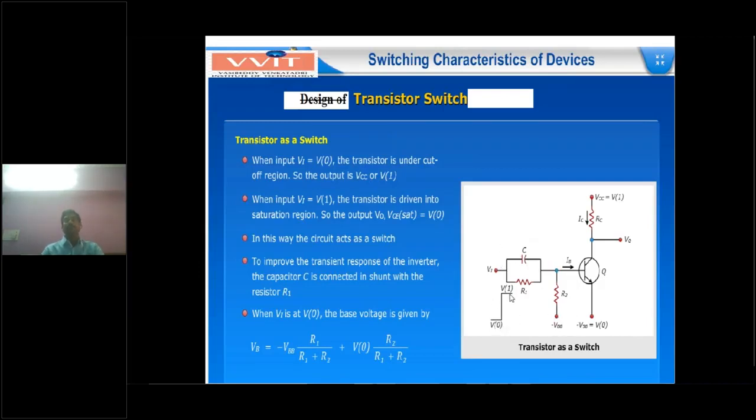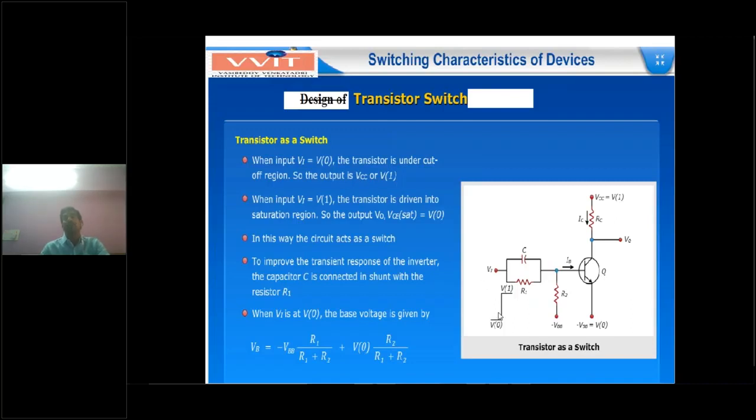Here the input voltage has two levels, V0 and V1. V0 means the low voltage level, that means the transistor will be in cutoff condition. When our input is V1, the transistor will be in saturation condition. Now we explain: whenever Vi is V0, the input is at the lower level, so the transistor is in cutoff, which means the collector terminal voltage V0 equals VCC, that is high.